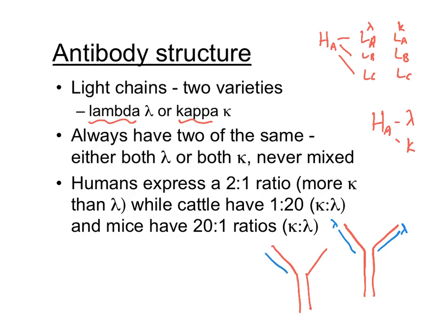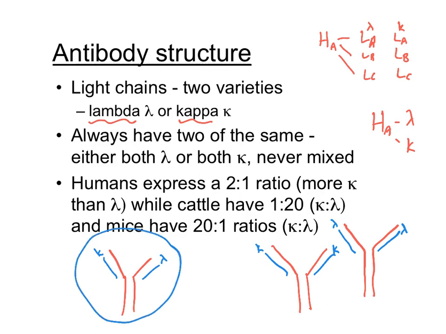If you have kappa for both. You cannot mix the two. You cannot have a kappa and a lambda light chain. This does not happen. Let's draw a big circle through that and say, no, does not happen.